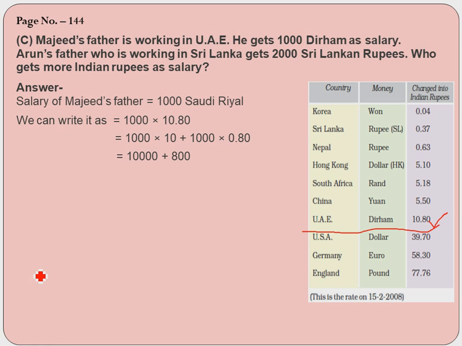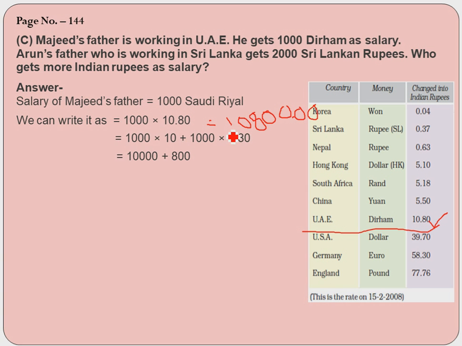The same thing, children, you can do directly also. How? See, this is 1080. Now, I am not keeping the decimal point. How many zeros are there? 3 zeros are there. So, I should add 3 zeros, and then the decimal point after 2 numbers from the right. So, from 2 numbers from the right, here I'll put the decimal point. Okay, so what is this? Ones, tens, hundreds, thousands, ten thousands.